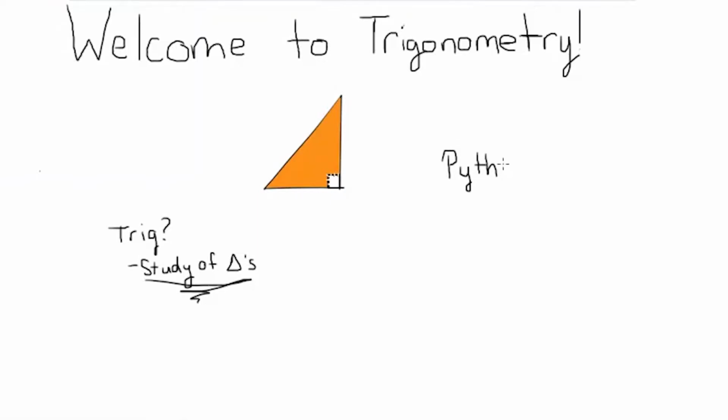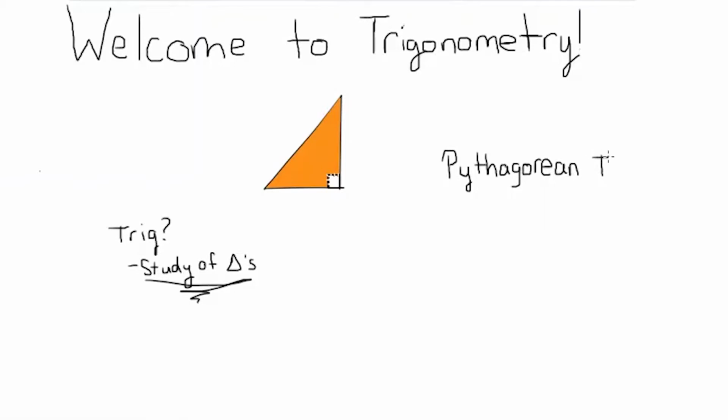So the Pythagorean Theorem states that the square of the hypotenuse, or the longer side of the right triangle, is equal to the sum of the two legs, or shorter sides, when each leg is squared and added together.